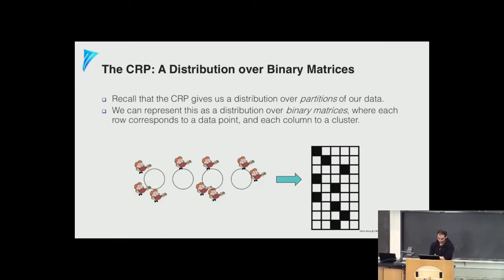Where every single row would correspond to a customer, and every single column would correspond to a table, right? So these are going to be different tables, and these are going to be different customers. Or more broadly, we can say that these are different components or clusters in the mixture component, and the other ones are going to be our data points.